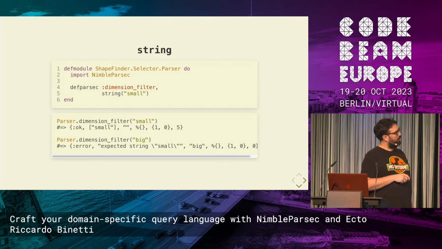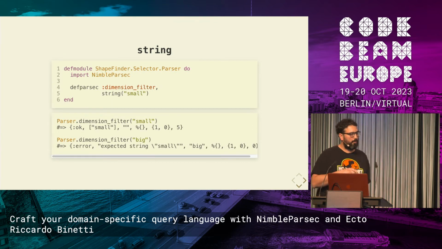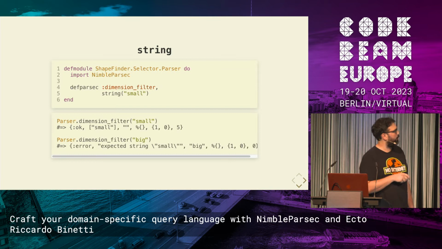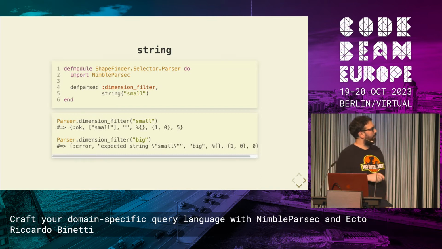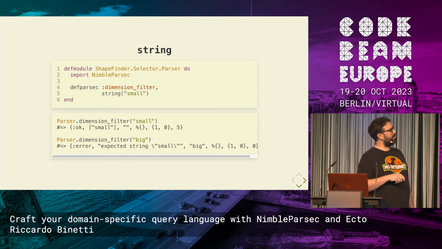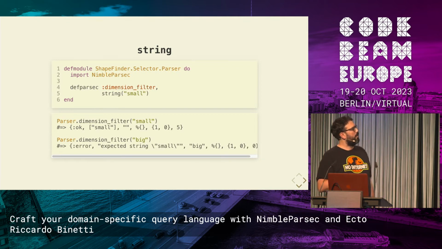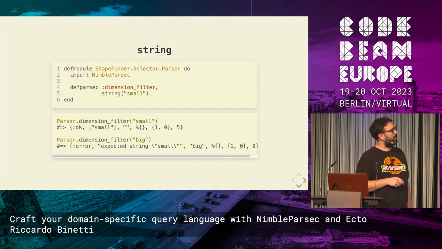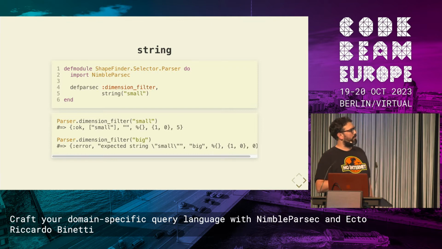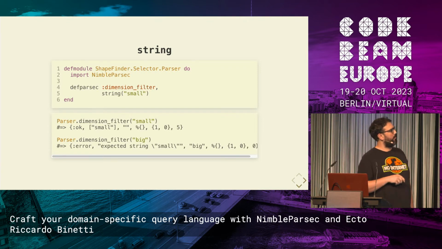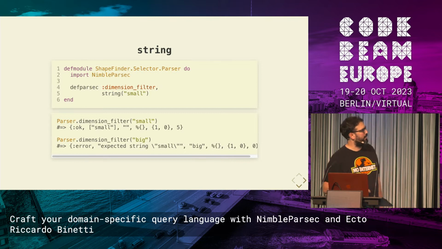Then the third return value is the rest of the input, and we're going to see a little more about that in a little bit. And this is the context. As I was saying, we're not using the context, so it's just going to be an empty map for us. And then this is some line information telling you that you're at the first line, the next newline was at the 0 offset, and then you parsed 5 bytes, basically.